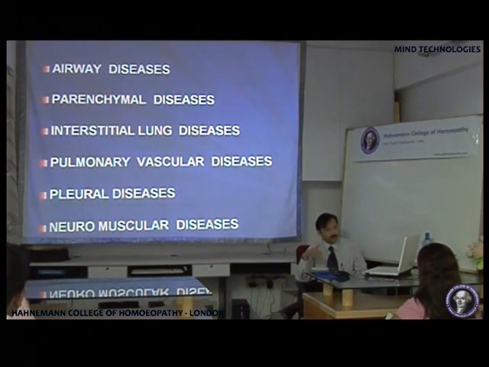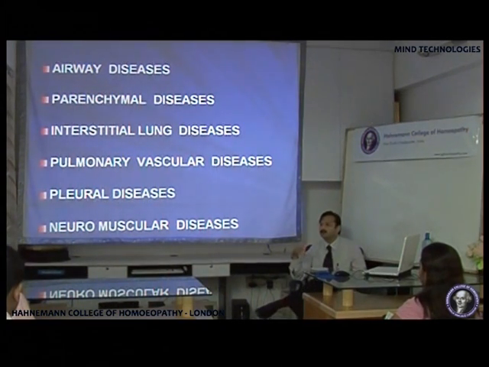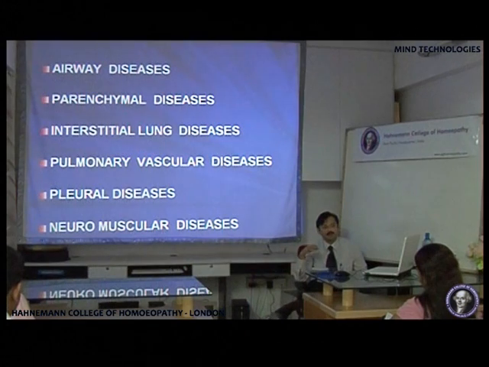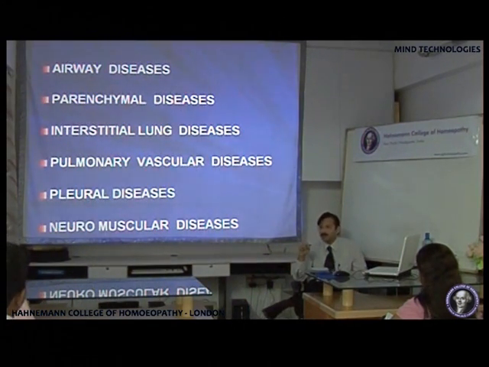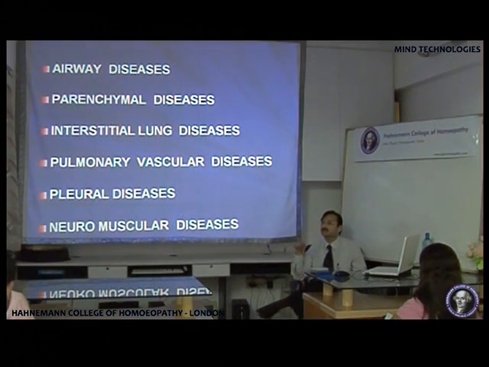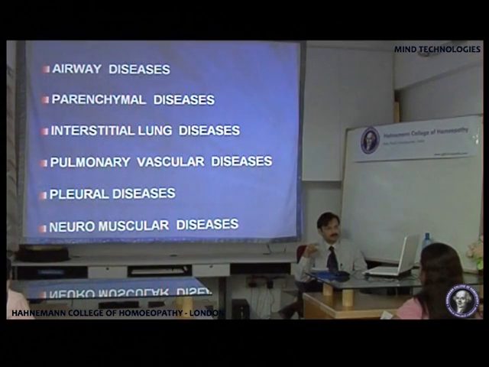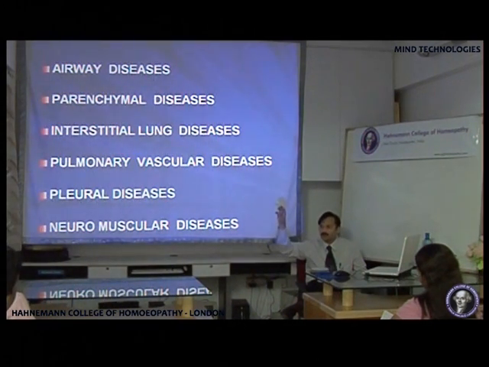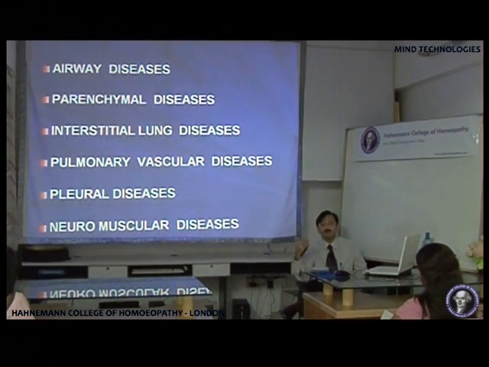And beyond the basement membrane is the interstitium. There is a space beyond the basement membrane which is called the interstitium. So a problem over there is called the interstitial lung disease. In the interstitium lie the pulmonary capillaries, which are supposed to be taking oxygen from the alveoli to the left heart. A problem in the capillaries would be vascular diseases.